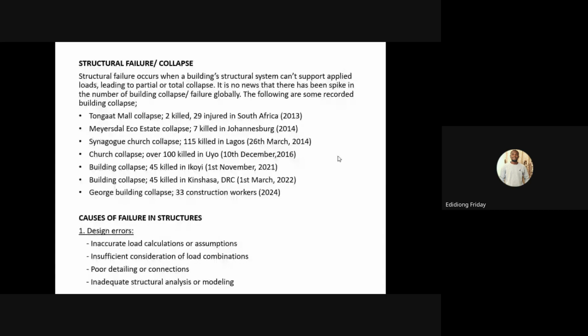So next, we're going to be discussing structural failure and collapse. Structural failure occurs when a building structural system can't support applied loads, leading to partial or total collapse. It's no news that there has been a spike in the number of building collapses and failures globally. Structural failure is deadly.